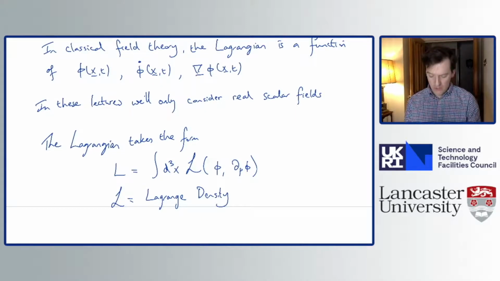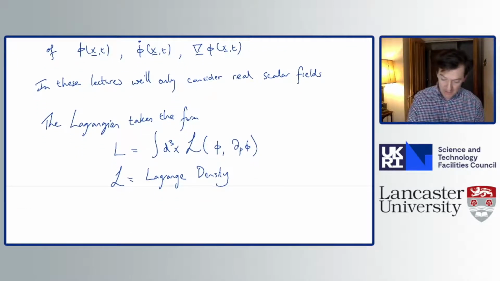Different books call it different things. But in practical terms, when people talk about it, they simply call this the Lagrangian. They drop the fact that it's a density because it's clear from the context what it is.